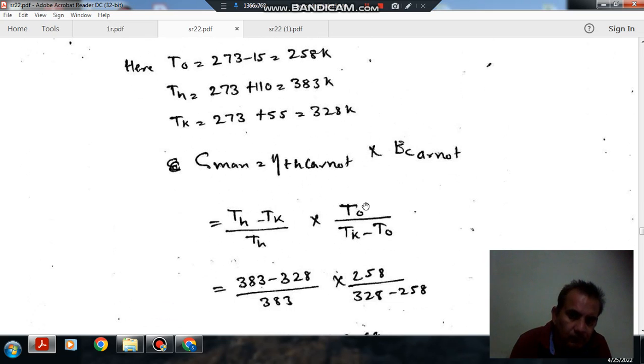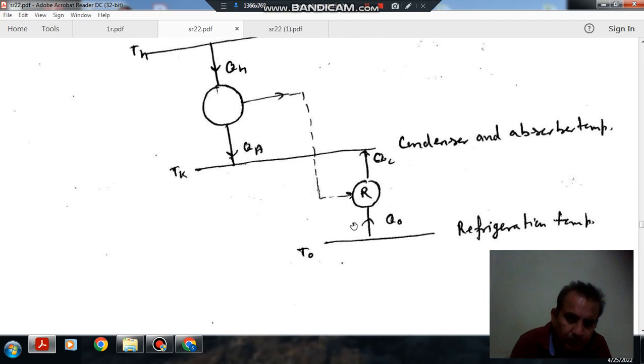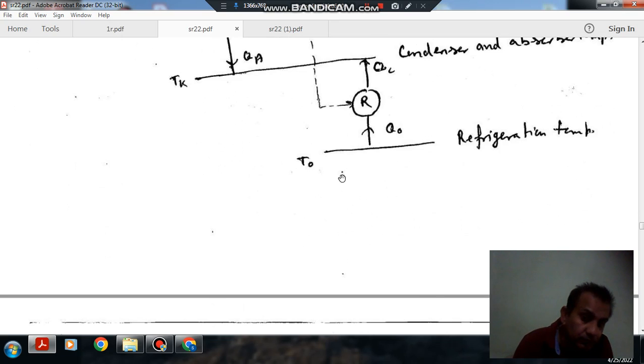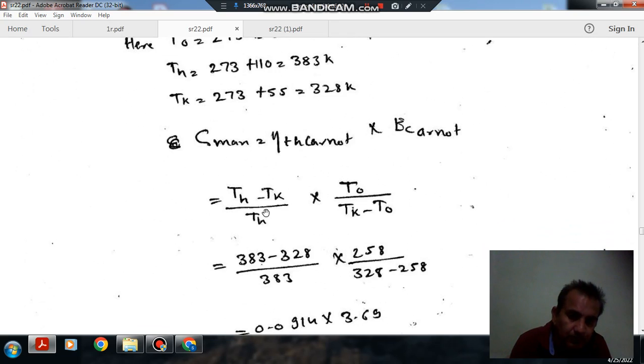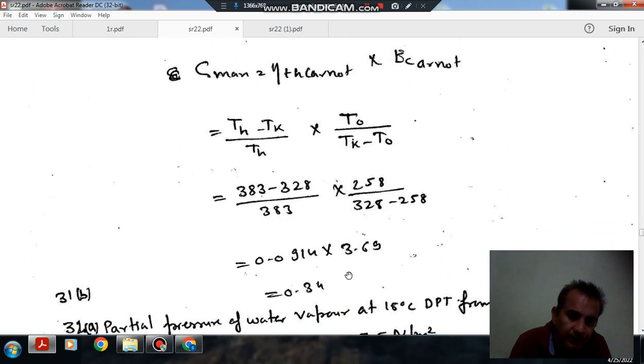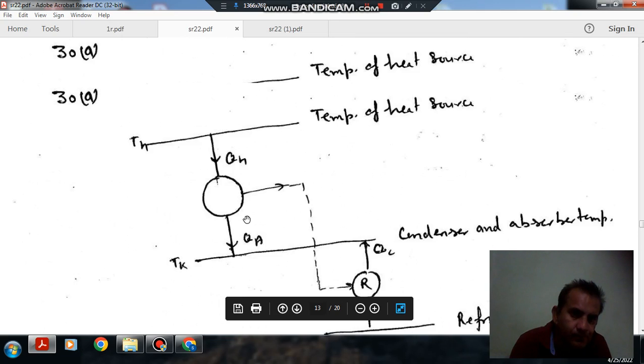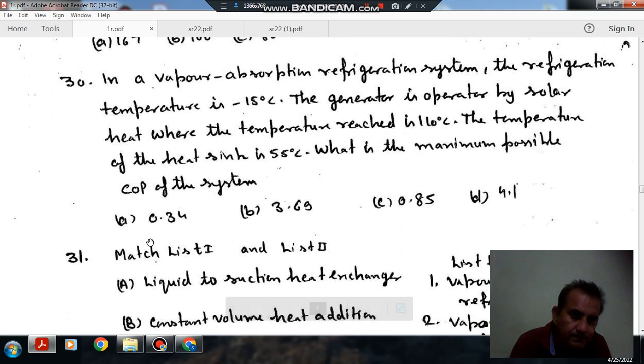Because the Carnot refrigerator is operating between these two and the engine between those two, we take these temperatures for the engine efficiency and those for the refrigerator. By putting the values we get the COP as 0.32. So the answer is A.